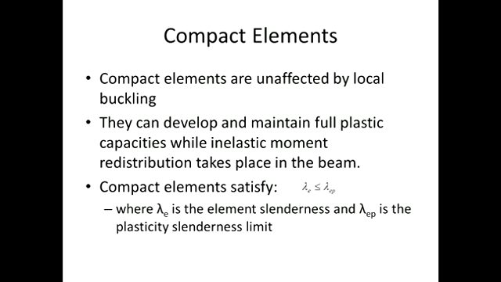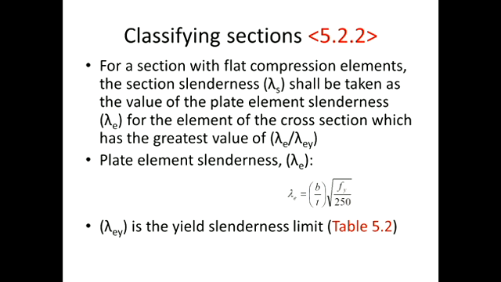So that's a definition of compact elements, which I guess you guys are familiar with. But if we were looking at sections, then for us to be able to determine whether the section was compact, non-compact, or slender, we have to determine the section slenderness for that particular section.